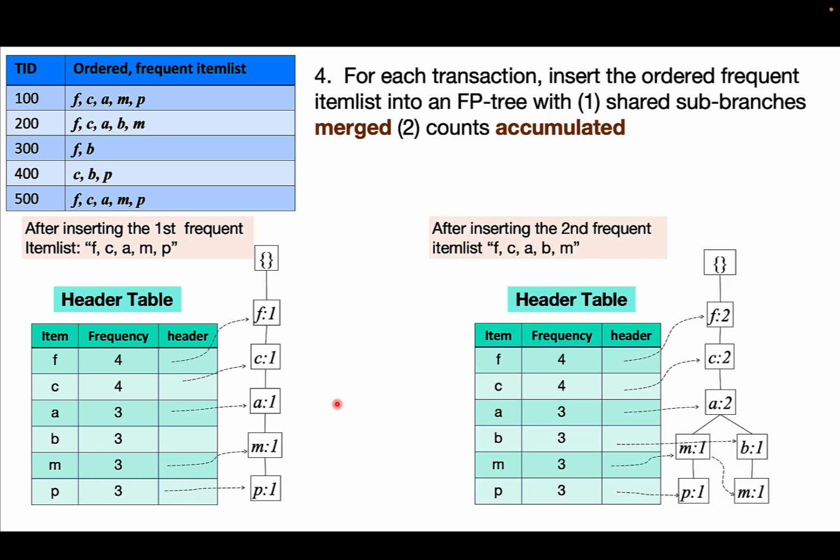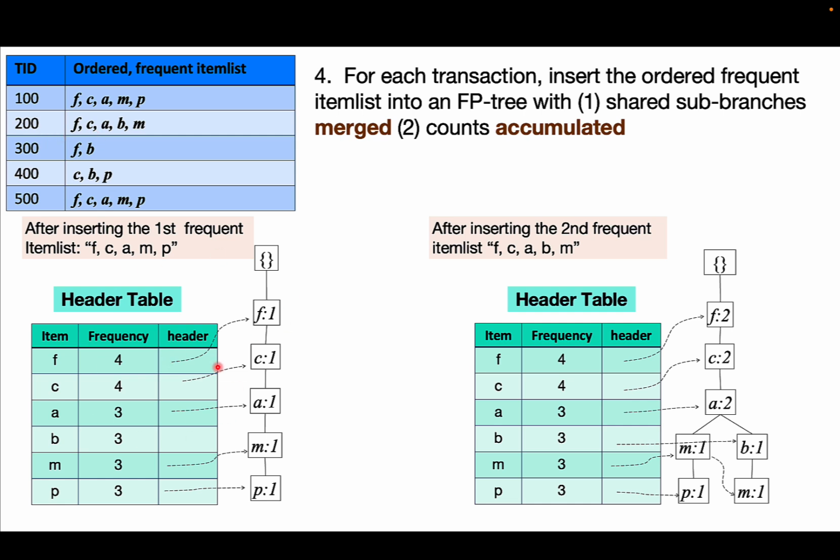Now, as we insert more items into the tree, we will start to deal with a number of cases like branching, updating minimum support along the way. Also, you can observe that there's a pointer here that links M from one branch to another branch to the header table. Let's see how to insert the second transaction.